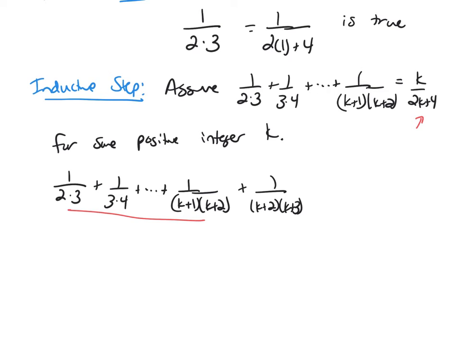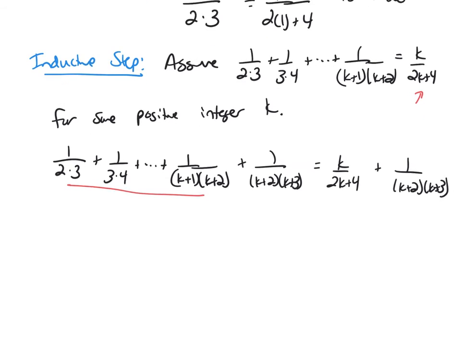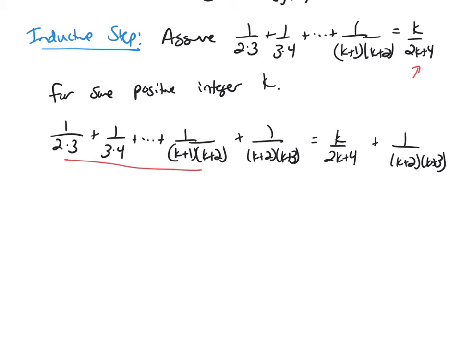So this is equal to k over 2k plus 4, and now I'm going to factor a 2 out of that first fraction here in the denominator. So I'm getting k over 2 times k plus 2.